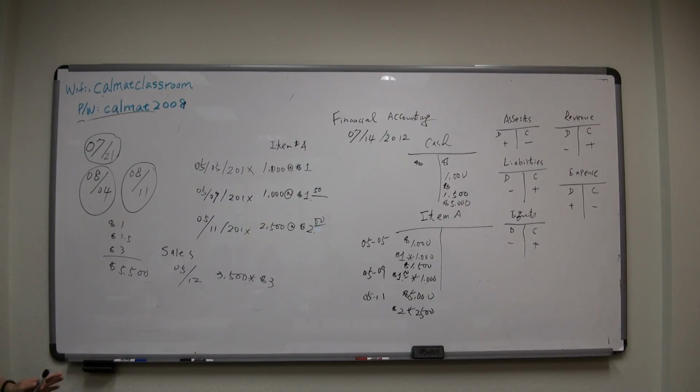Let me give you an example. In this example, if you pick FIFO, your net profit is $5,000: 10,500 minus 5,500.